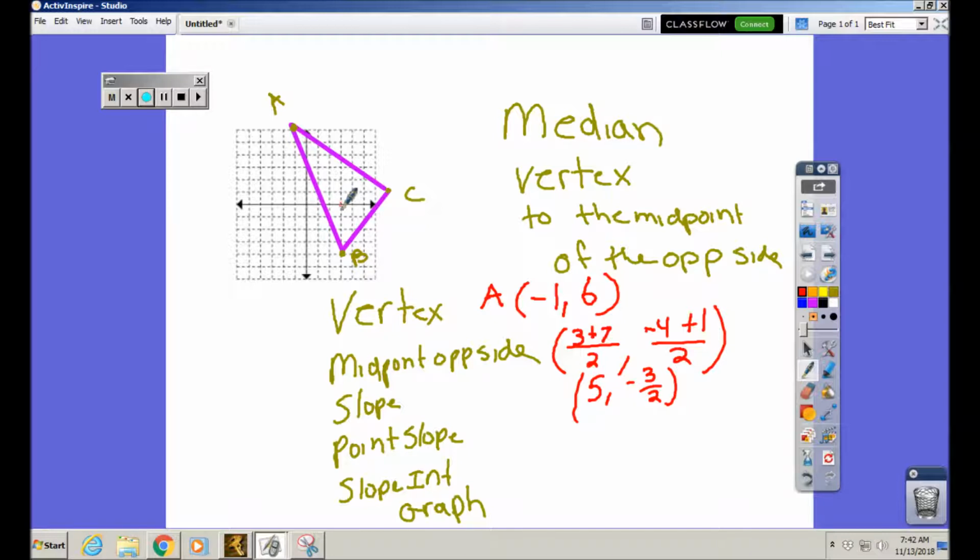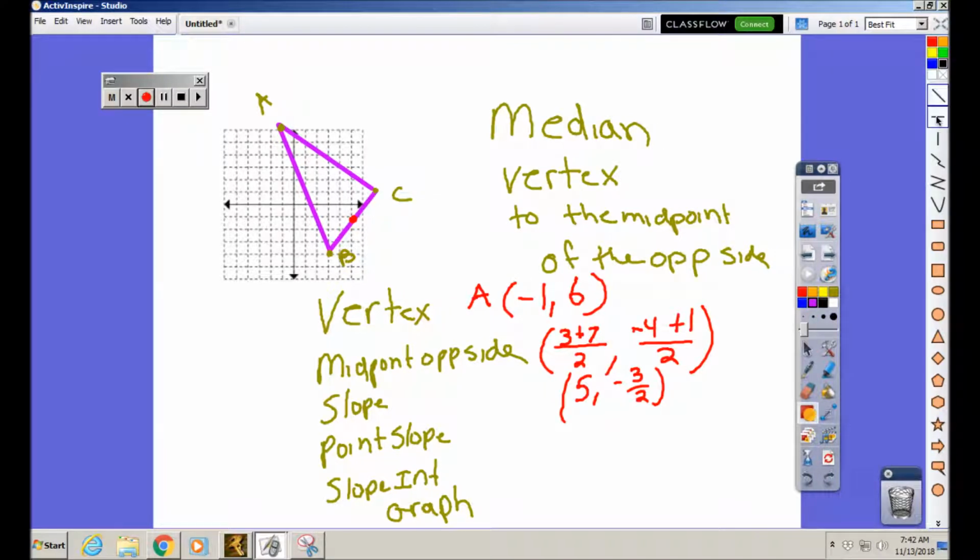Let's see if this makes sense. 1, 2, 3, 4, 5, down 1.5. Oh, that makes sense, doesn't it? Okay, so now I want to graph it, which means, what color do I want here? I can actually just draw a line, right? I didn't actually have to write an equation to graph that, did I?